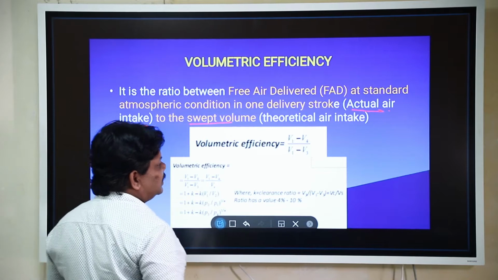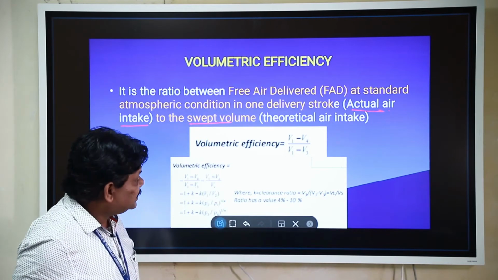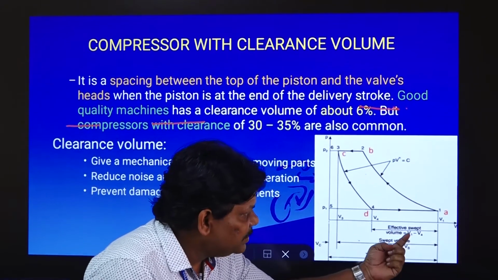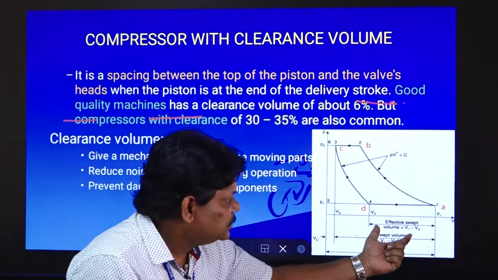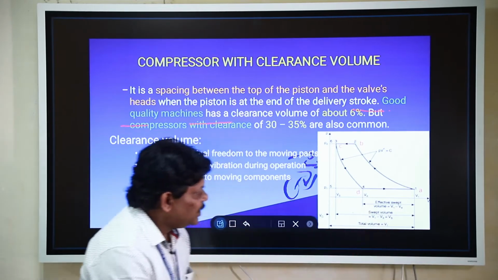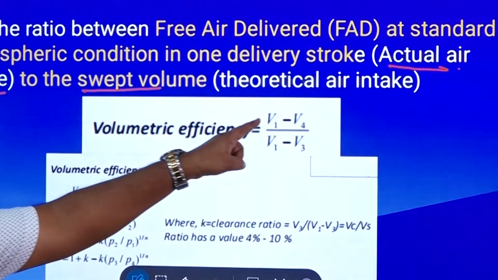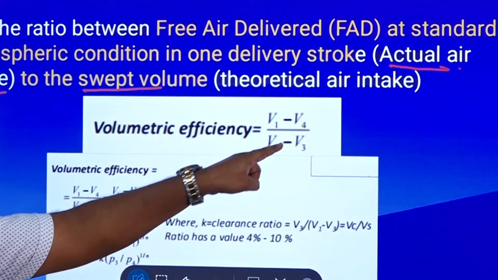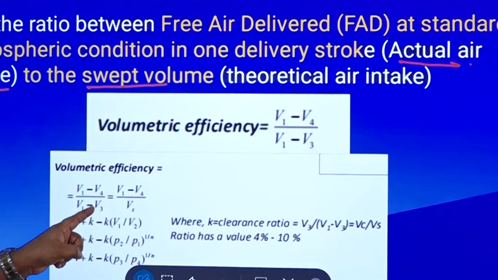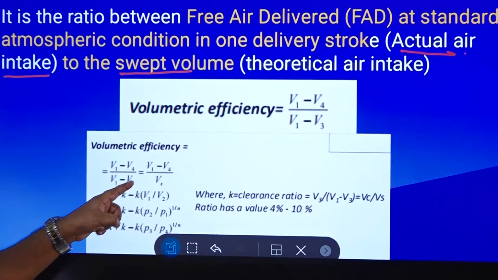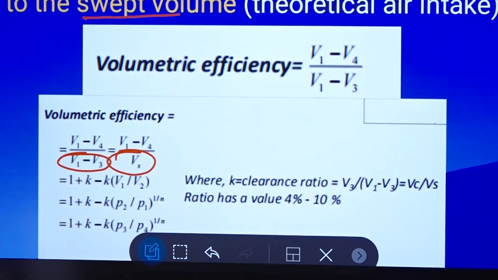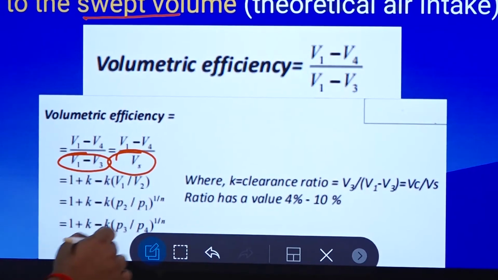As I told you, you can see the PV diagram. You can see the actual amount of air that is sucked in, which is nothing but the effective swept volume, that is V1 minus V4. The effective swept volume divided by the swept volume, V1 minus V3. So (V1 minus V4) by (V1 minus V3), where V1 minus V3 is nothing but the swept volume.